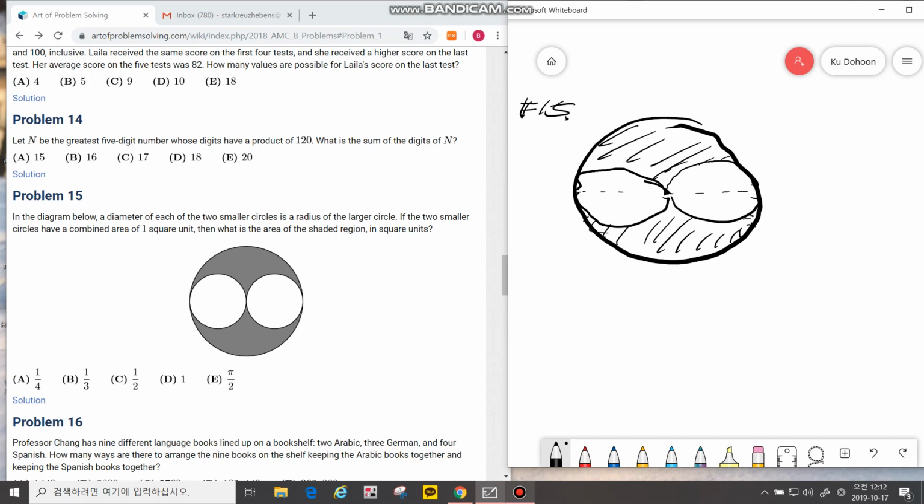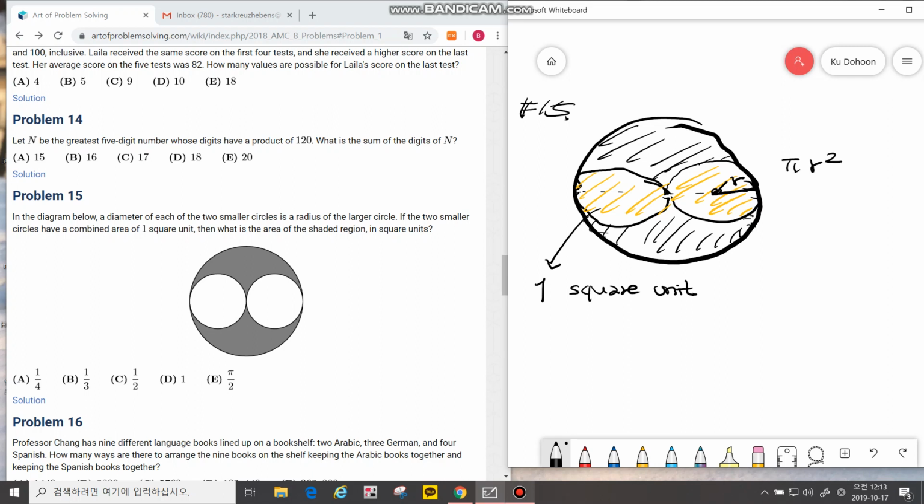What is given is the combined area of the two smaller circles. I'm going to mark them in yellow. This is 1 square unit, the combined area of these two yellow circles. Since we do not know the radius at all, we start by putting this as r, and you know that the area of a circle is pi r squared.